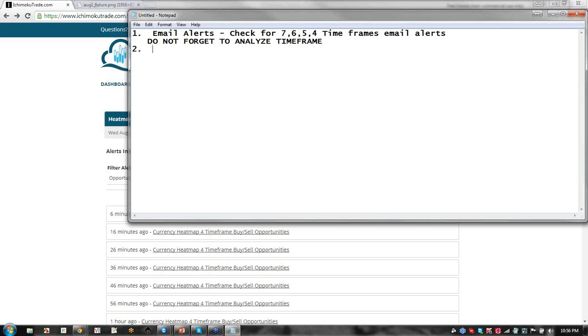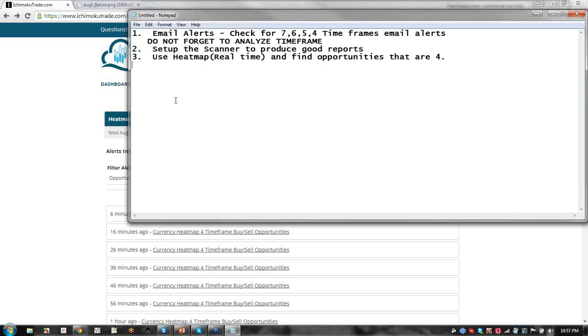Okay? 2, set up the scanner to produce good reports. Everyone good with that? Yes? 3, use heat map, which is real time, and find opportunities that are forced.